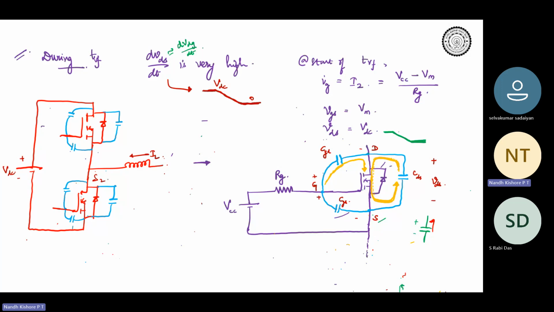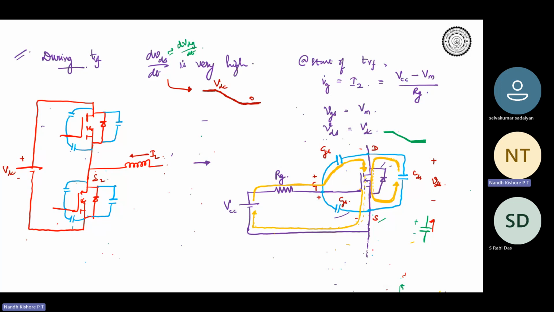So the current should be something like this. It will come from VCC, go through the channel and then come back. Again, it will flow through the channel only.